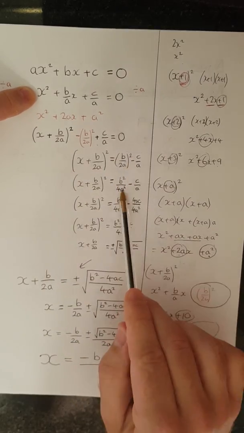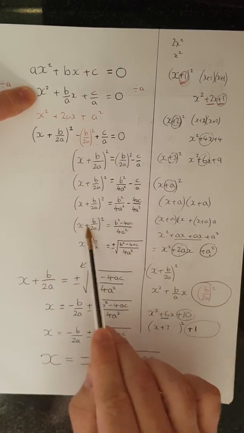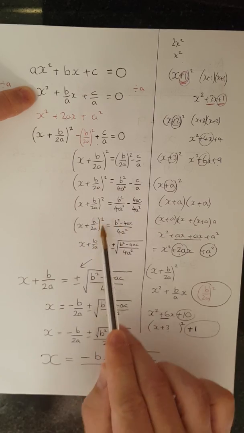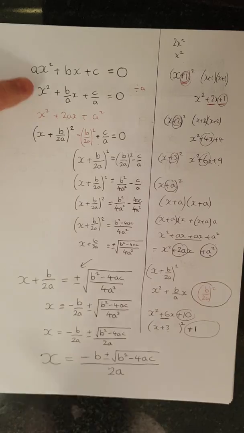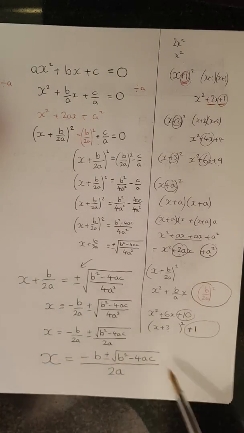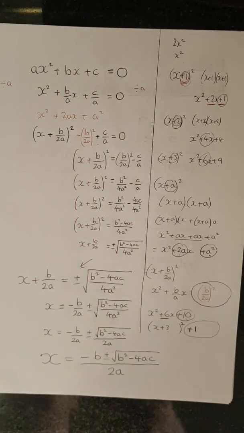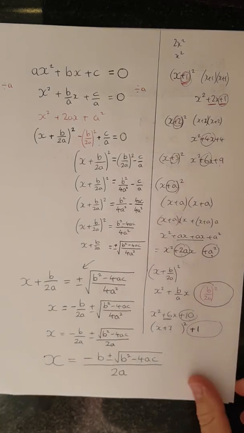You tidied them up. And then you reversed the squaring process and got your plus minus. And this was when you found the quadratic formula, part 2 of this series. And if you haven't watched that, or perhaps you stopped it because it was hard, go back to it now and you'll feel much happier.